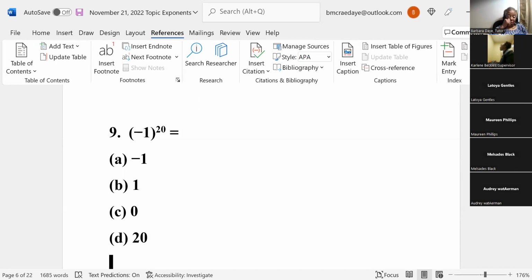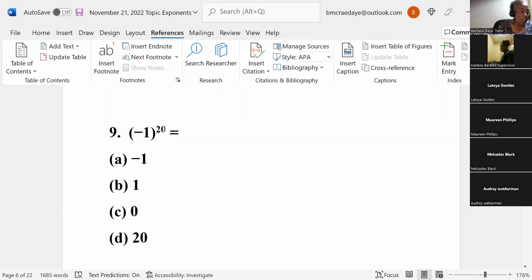Now, the key to remember is this rule. If you raise minus 1 to a power, if your exponent is an even number, your answer would be plus.